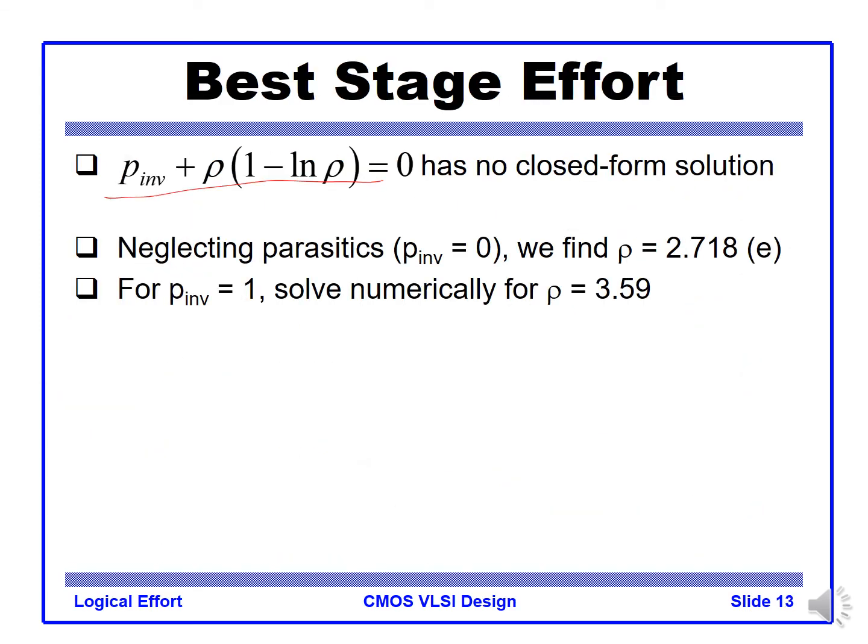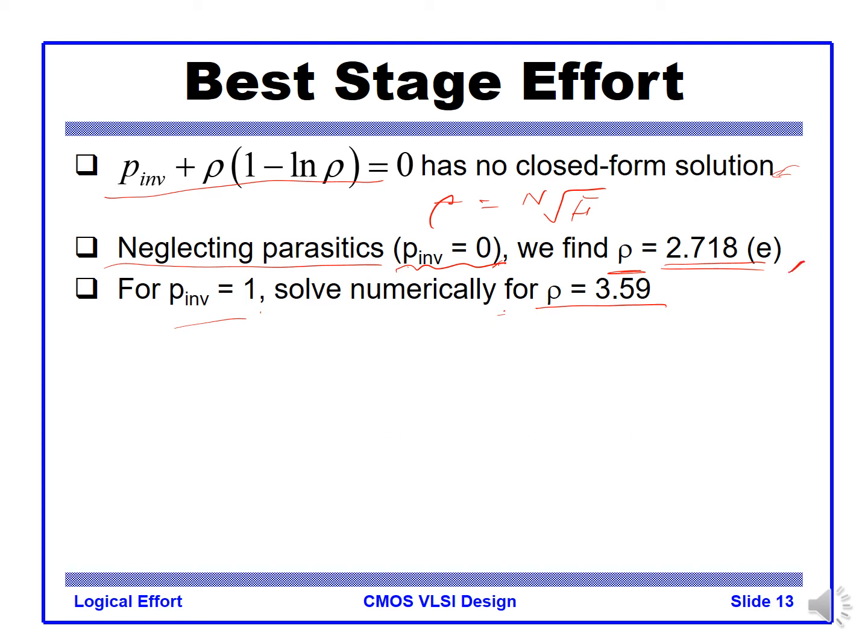Let's see the next slide. For a given f, rho is the nth root of f, so there is no closed form solution. To simplify, let's assume the parasitic inverter delay is equal to 0. If we neglect the parasitic delay, then we find that rho becomes 2.7, right? And for P inv equal to 1, we now get rho equal to 3.59.